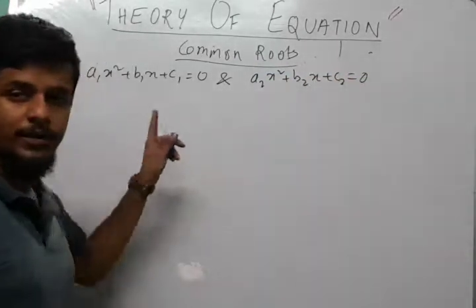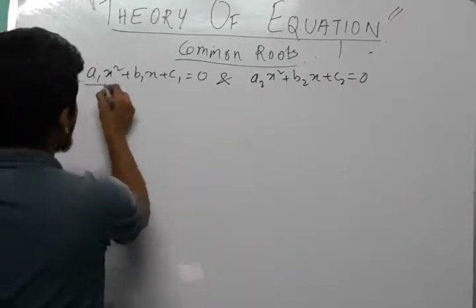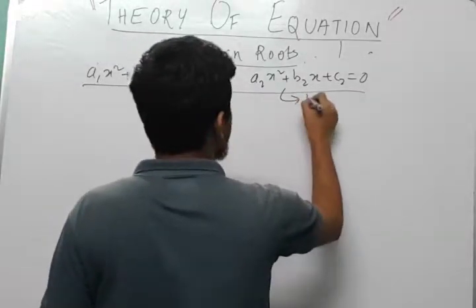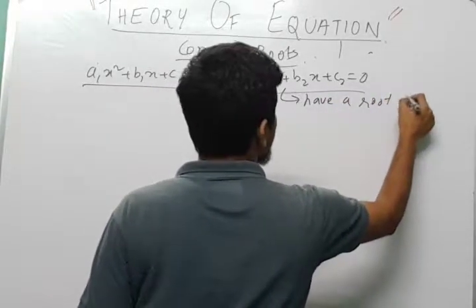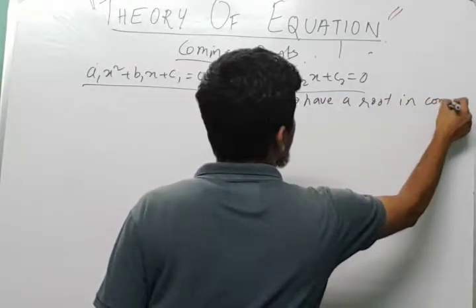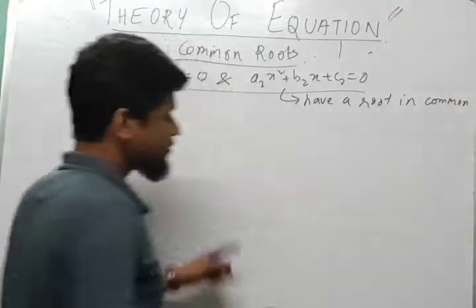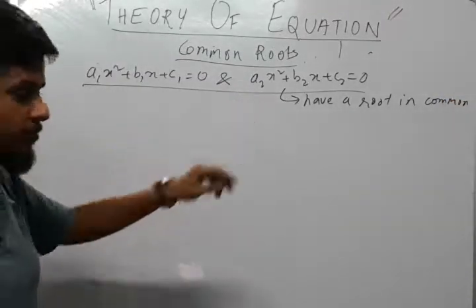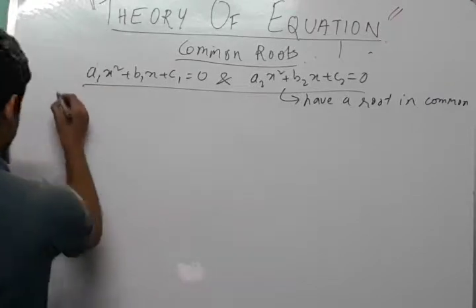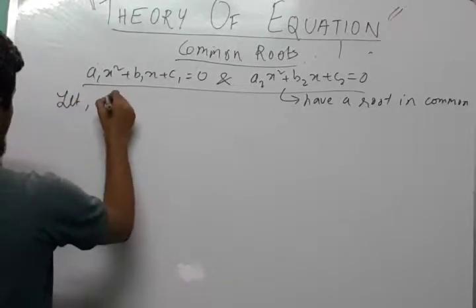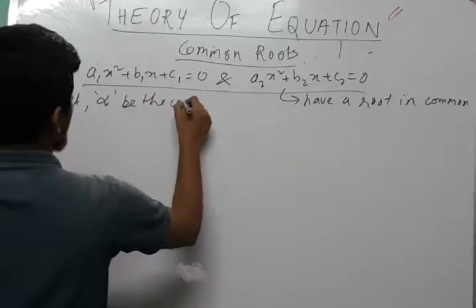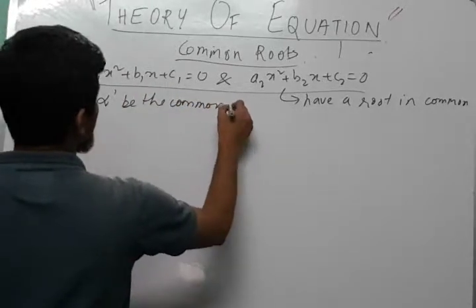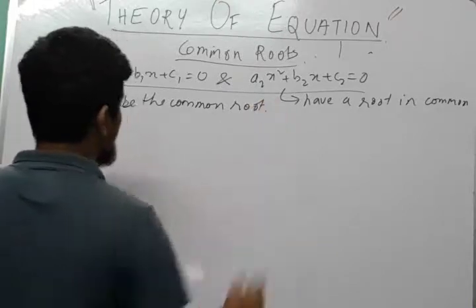So these are the two quadratic equations, and these two quadratic equations have a root in common. Okay, so these two quadratic equations have a root in common, and we'll assume that let alpha be the common root. So that will be our assumption.